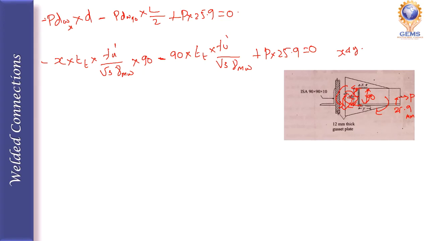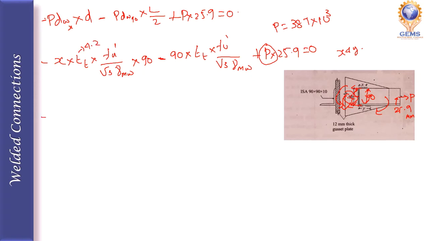What is the P value? P is equal to 387 into 10 to the power 3. If you substitute every value, what is the effective throat thickness? 4.2.